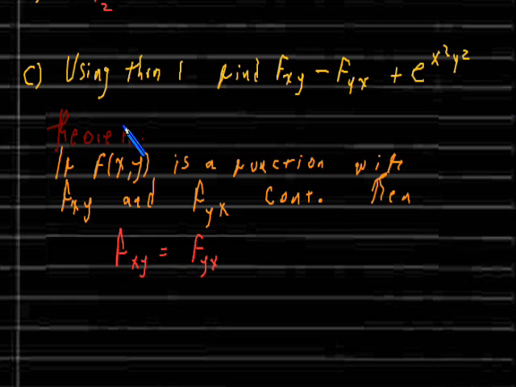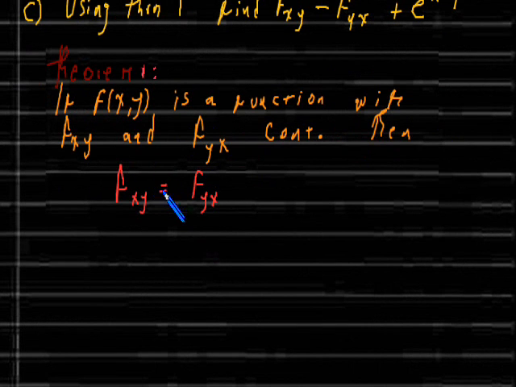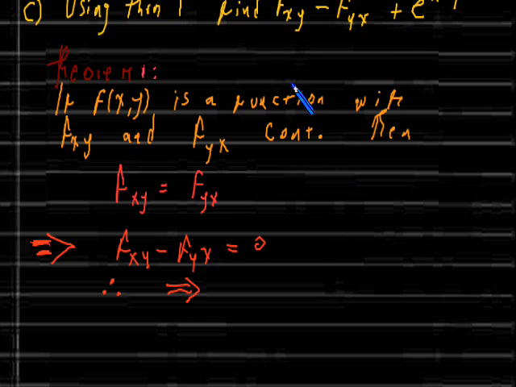So using theorem 1, we know that these are the same, so this implies right away that f sub xy minus f sub yx is equal to 0.